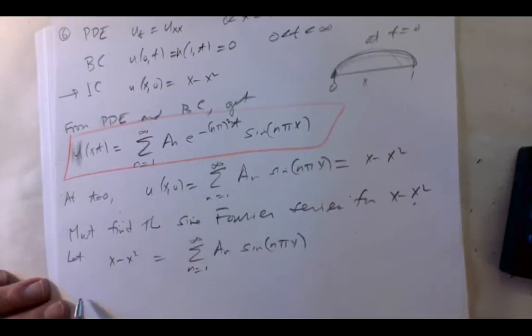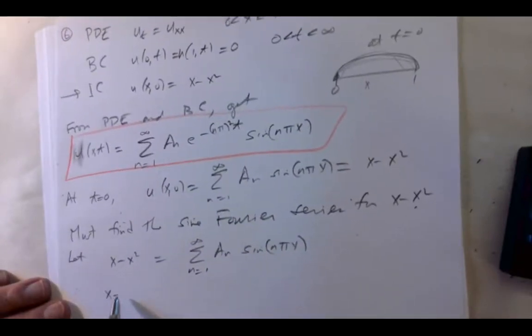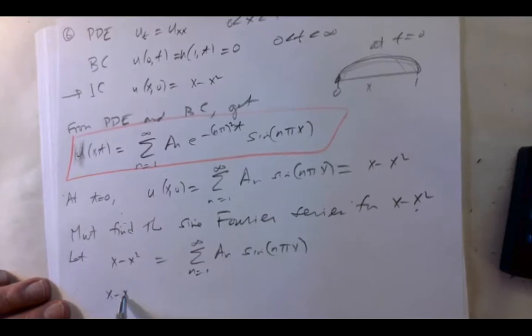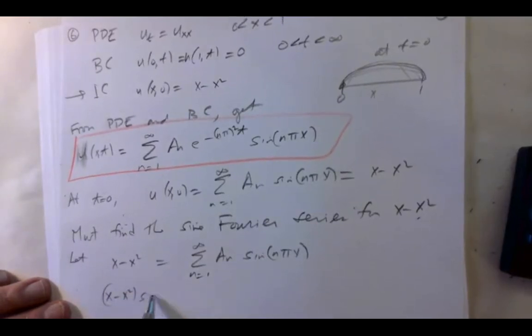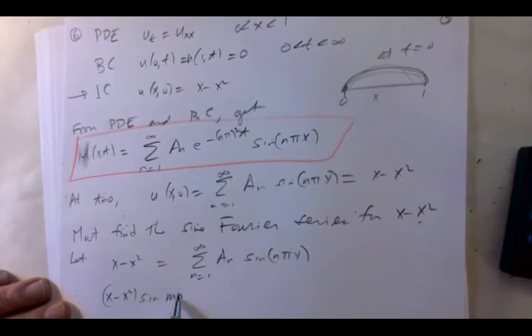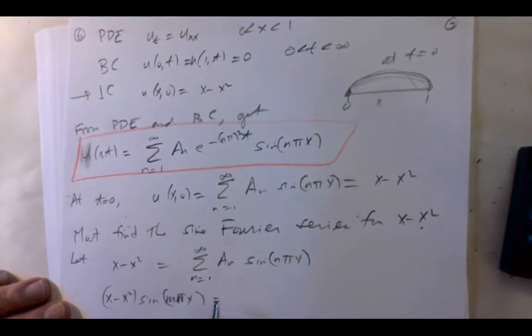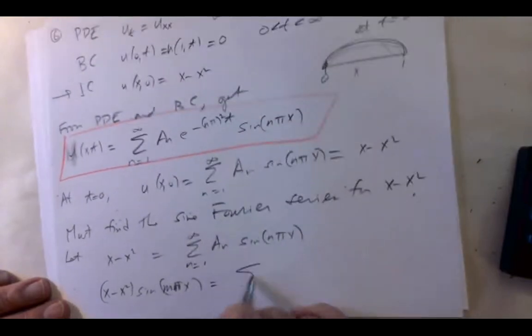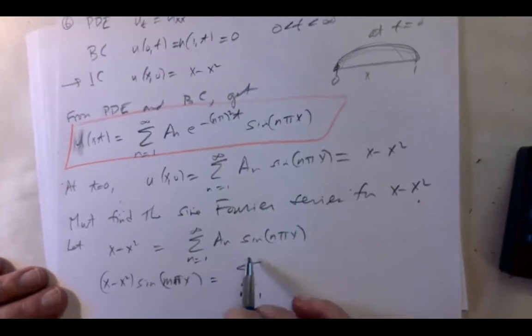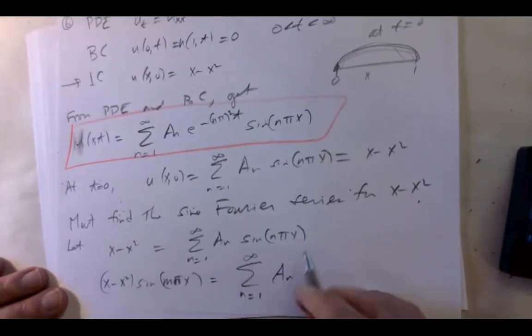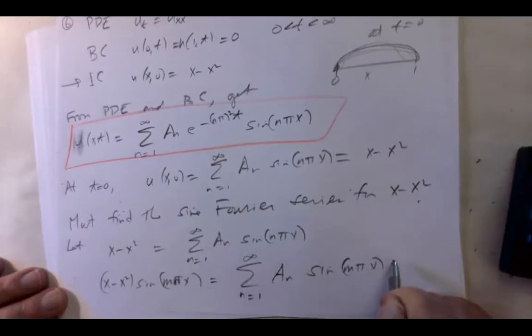Multiplied by sine of m pi x. So x minus x squared times the sine of m pi x is going to be summation n goes from 1 to infinity, a n sine of m pi x sine of n pi x.